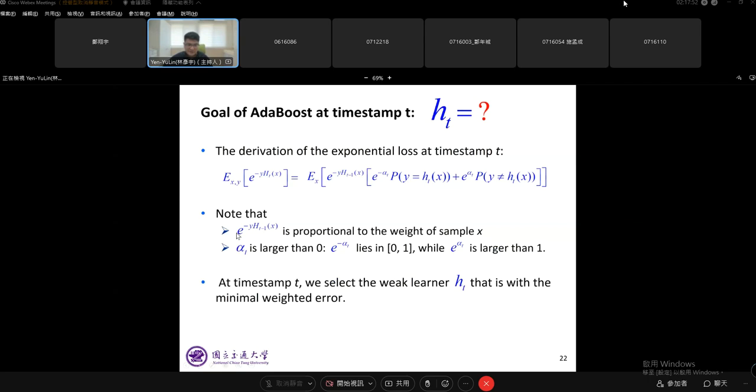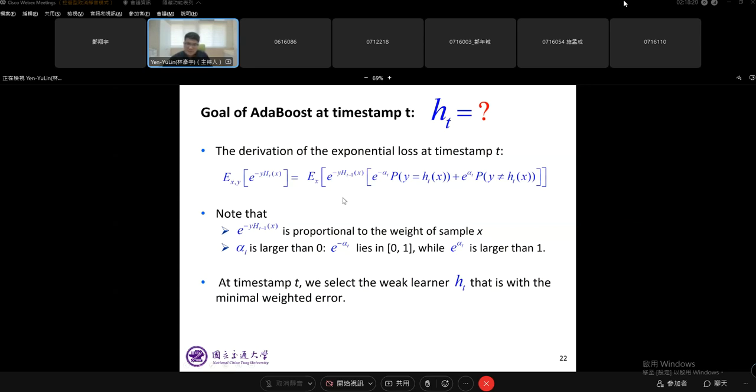First of all, exponential of this term is proportional to the weight of the training data point. As you could check, this property can be proved by considering the algorithm of AdaBoost. So this term is proportional to the weight distribution, and it is fixed.